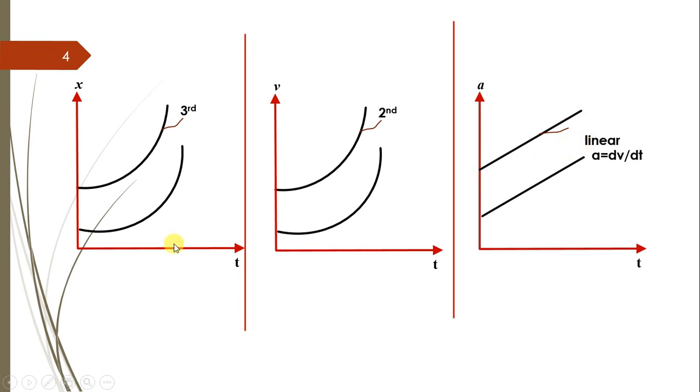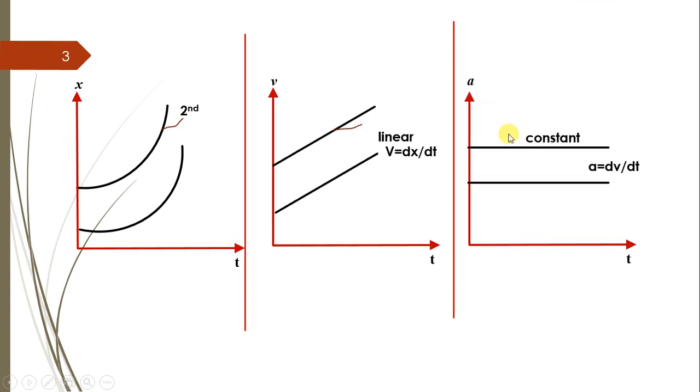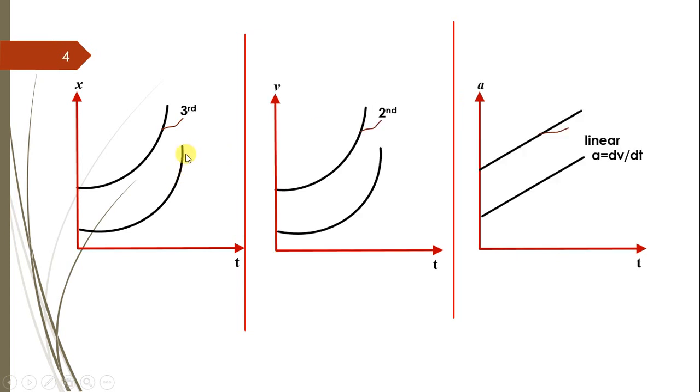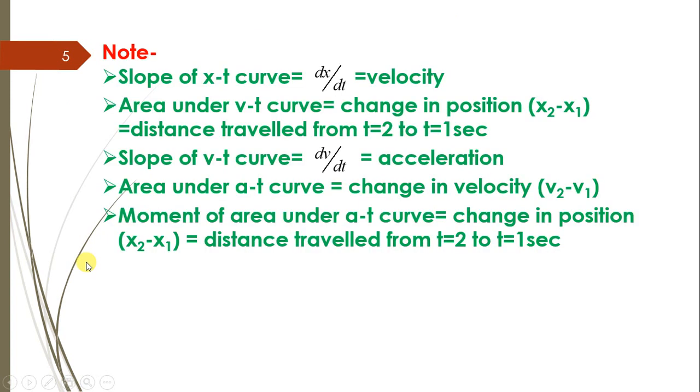Or we can say it the reverse way: if acceleration is a constant line, velocity is a linear line and position is a second degree curve, or if acceleration is a linear line, then velocity is a second degree curve and position is a third degree curve. All these figures are called motion curves, which can be plotted varying with respect to time from t equals 0 to t equals infinity.